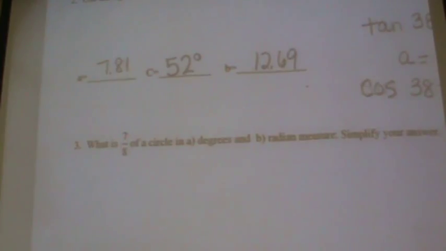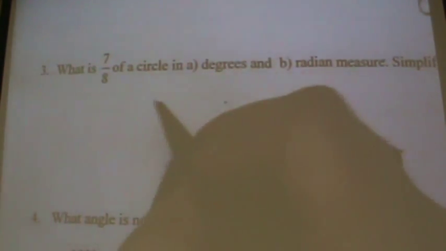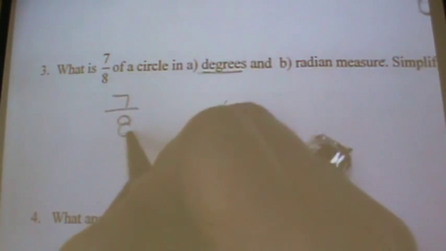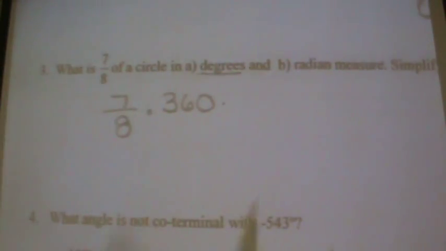Number 3 comes from your homework from section 6.3. How do you find 7/8 of a circle in degrees? How many degrees are there in a circle? Now, if you use the Inspire, all you have to do is type that in, and it's going to give you the answer.